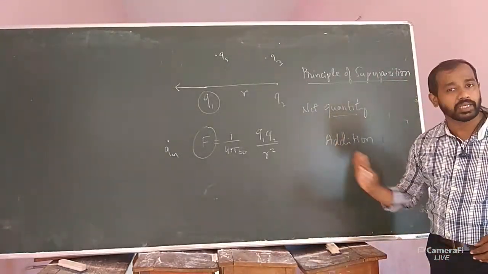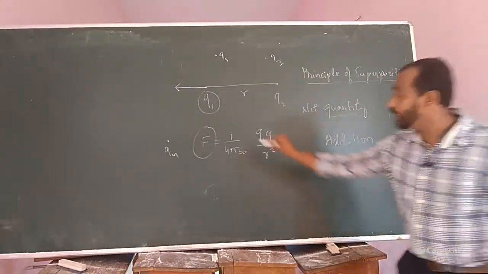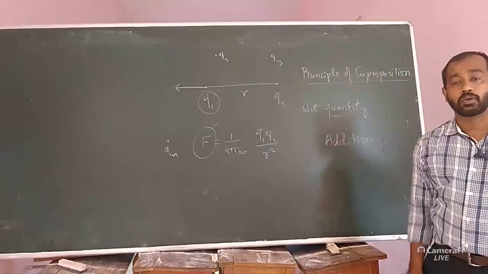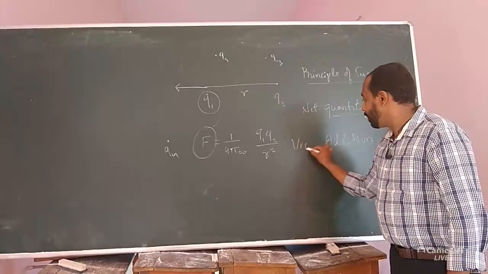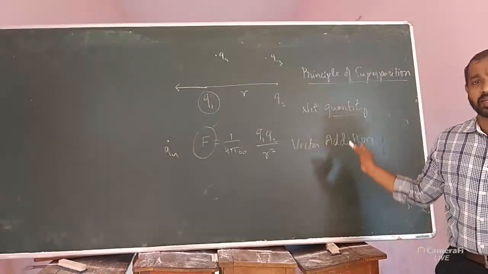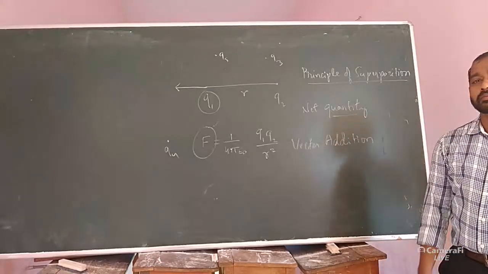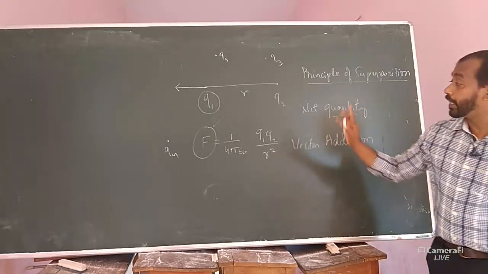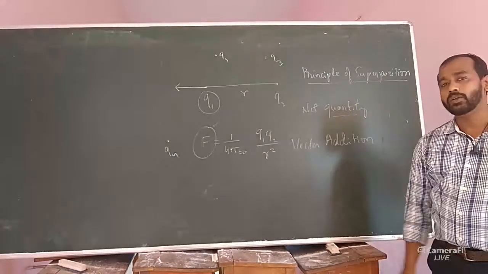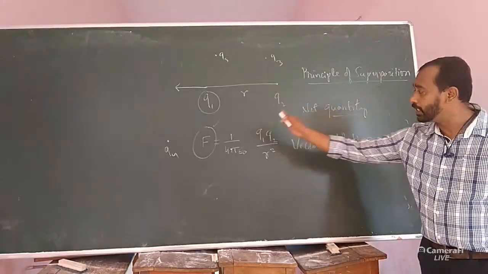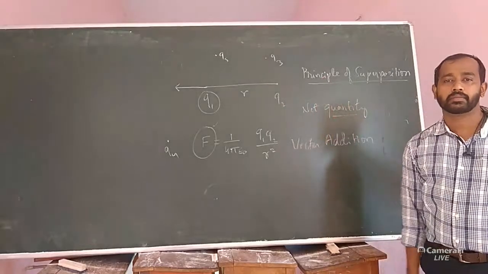For vectors, it should be vector addition, vector sum, everything vector quantities. That means we cannot only consider the magnitude, we have to consider the direction also.